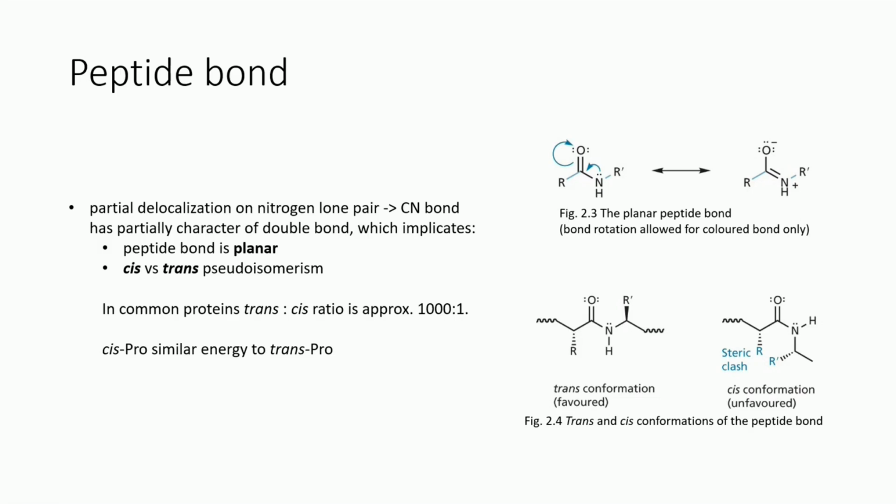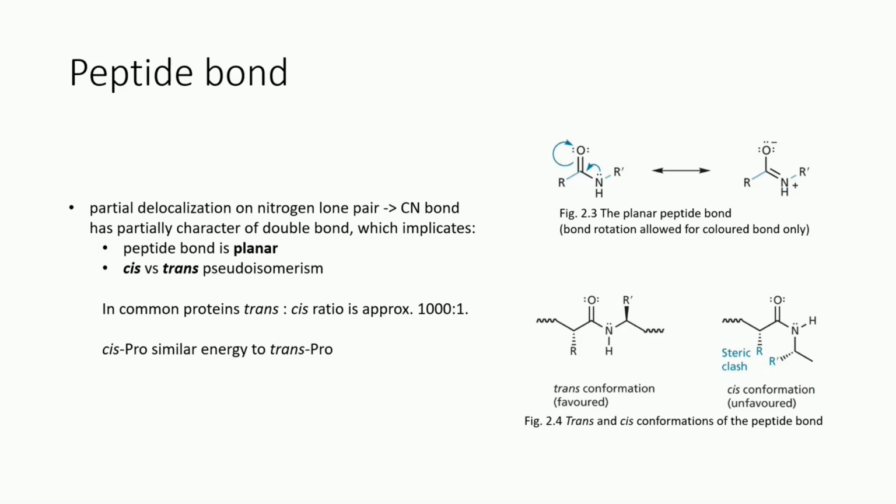It's the cause why the peptide bond, I mean the angle from oxygen to carbonyl carbon and the nitrogen, has no distortion, no bond angle, and these bonds are planar.